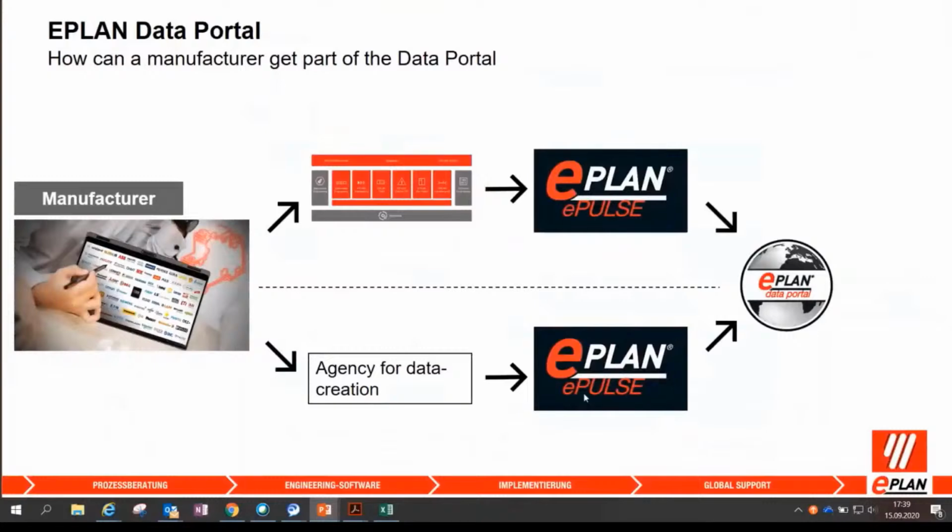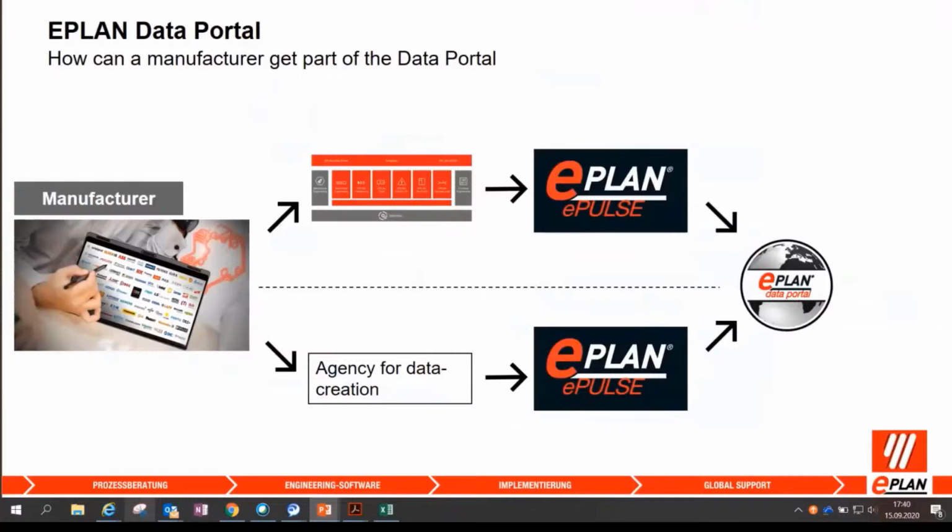So now we have two possibilities for the component manufacturer to provide the data to this data portal. First possibility is they are EPLAN key users and they're creating the data by themselves. They forward them to us, and then the content quality team will organize and apply the deployment to the EPLAN data portal.